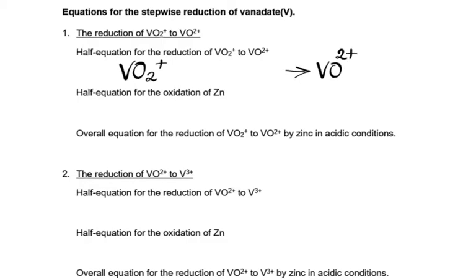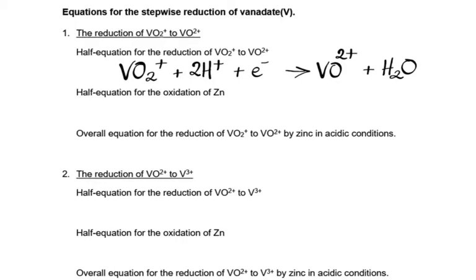To start with, we want to balance the oxygens by adding water to the right hand side, and you can see that this means that I'll now need 2 hydrogen ions on the left hand side. I just need to balance the charge now, so I've got 3 plus on the left hand side, 2 plus on the right hand side, so I need 1 electron on the left hand side.